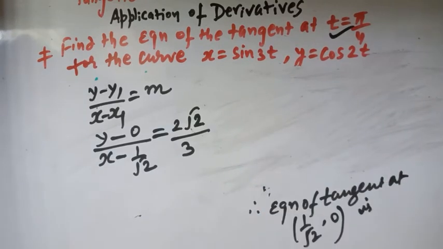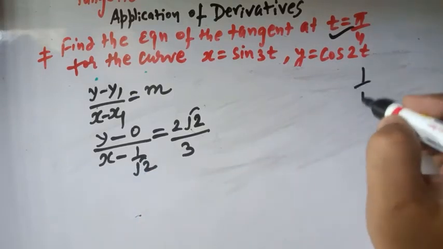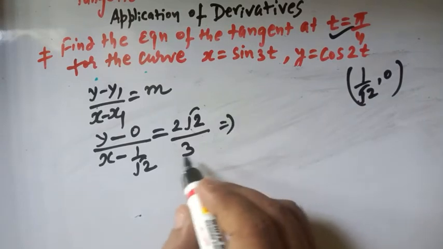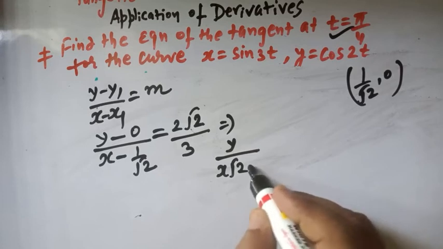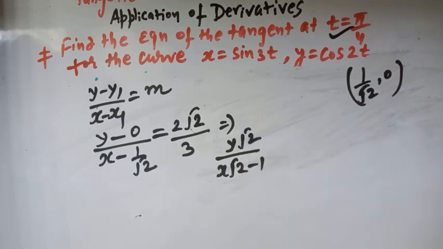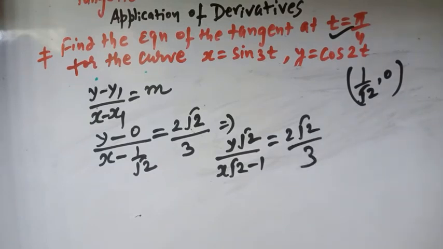Now we will simplify this expression here. So we have y over x root 2 minus 1, and here we will have root 2, is equal to 2 root 2 over 3. Clear?